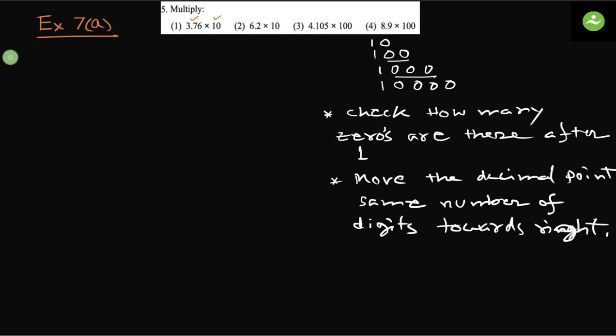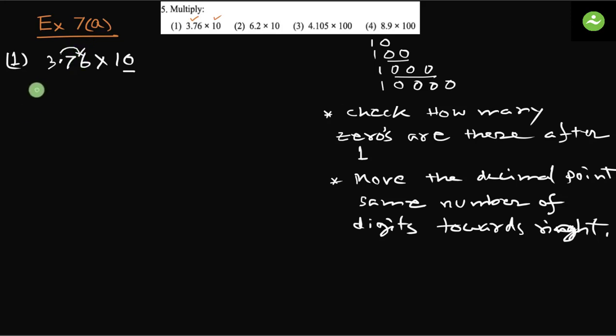Okay, I'll show you one. Let us do the first one. 3.76 into 10. Here, check how many zeros are there after 1. Only 1 zero. So we move the decimal point just by 1 digit. Move it here.